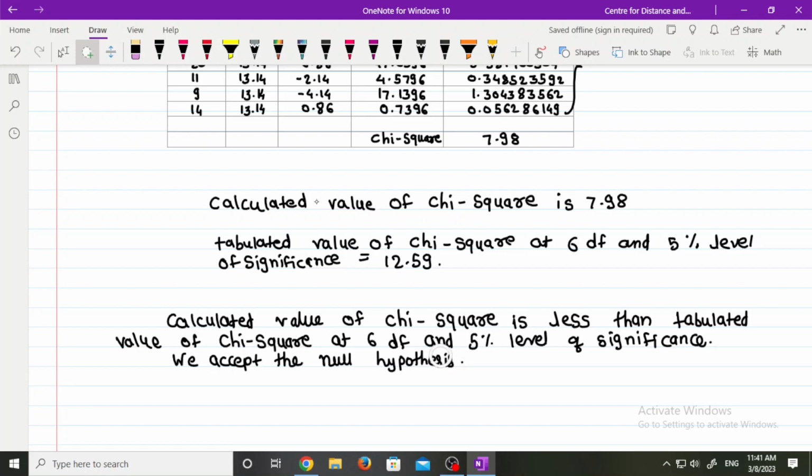Thus, the accidents are uniformly distributed over the week.